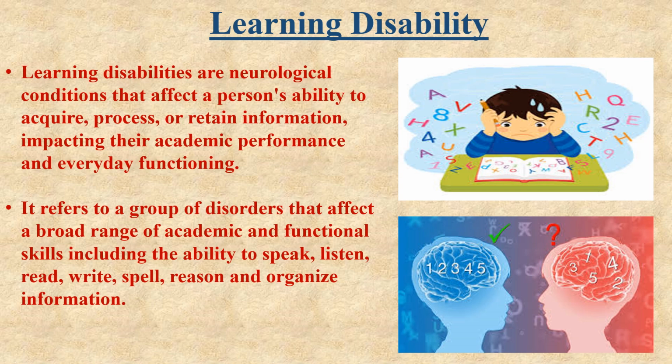So we can say that learning disability is a group of disorders that affect various skills of a student or any person, including their ability to speak, listen, read, write, spell, and organize information.